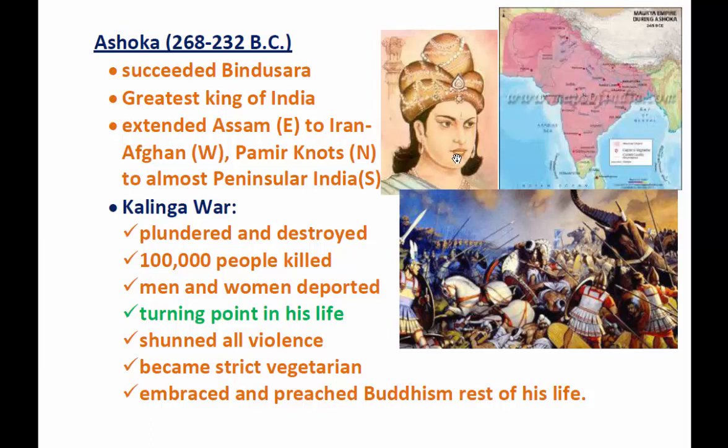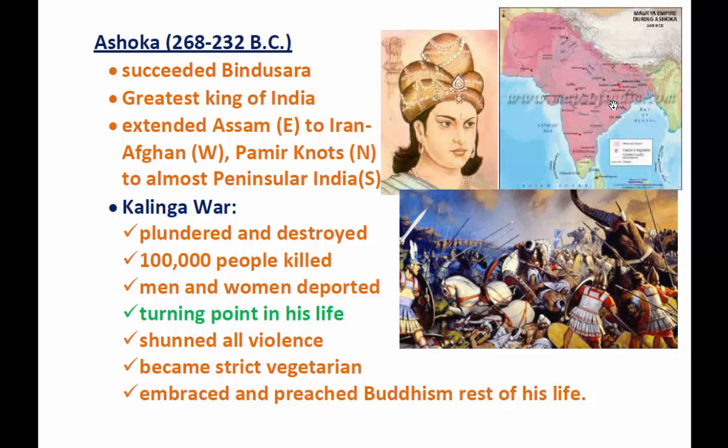It extended from Assam in the east to Iran and Afghanistan during that time, in the north to the Pamirs, and in the south almost all the peninsular plateau of India except some parts of Tamil Nadu, which were not the kingdom of Ashoka. So you can see the whole empire of Ashoka.